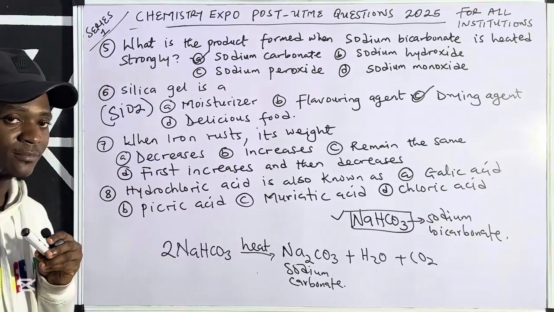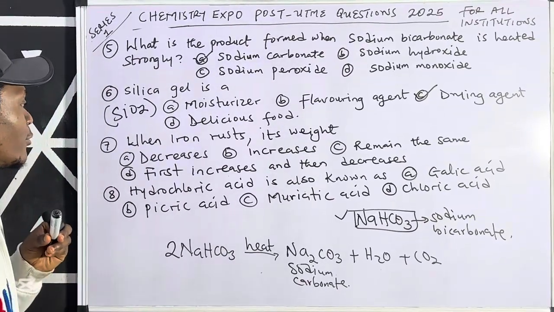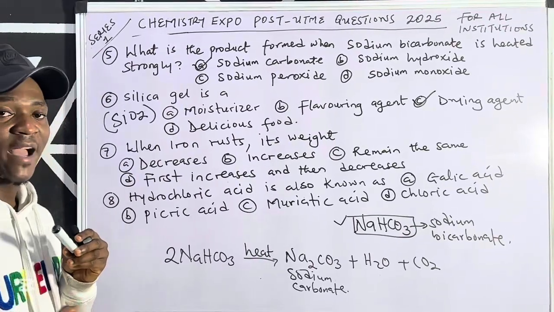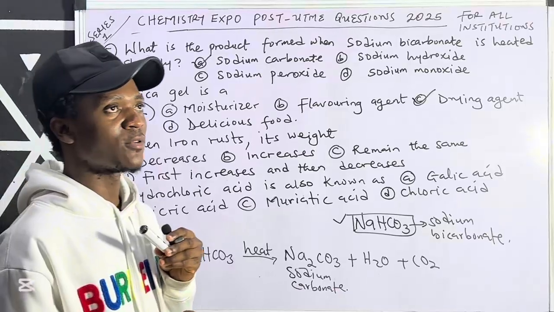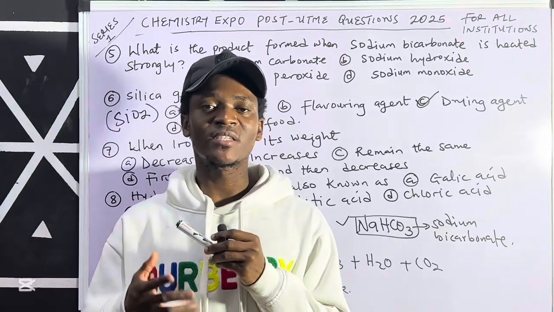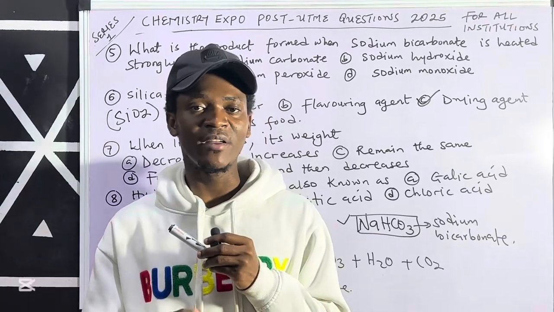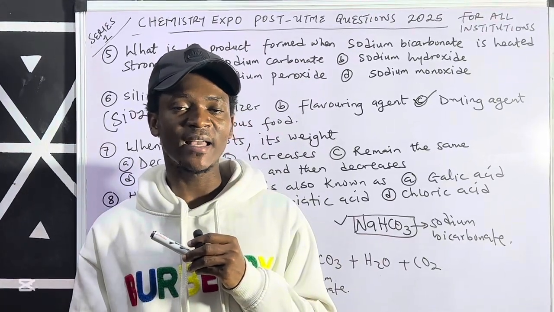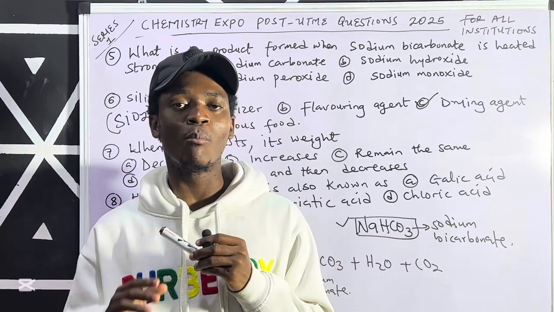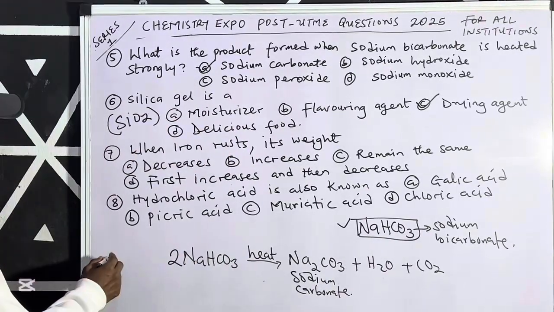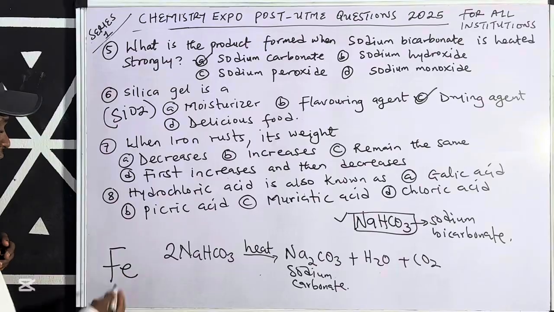Then question 7. When iron rusts, its weight dash. When iron rusts, the first thing to ask yourself is, what is the rusting of iron known as? It is simply the formation of iron 3 oxide when iron is exposed to damp or moist air. Now, you are having iron with the symbol Fe.